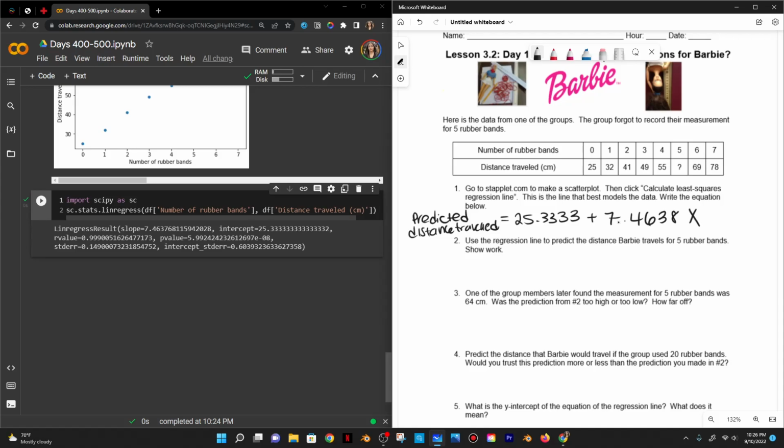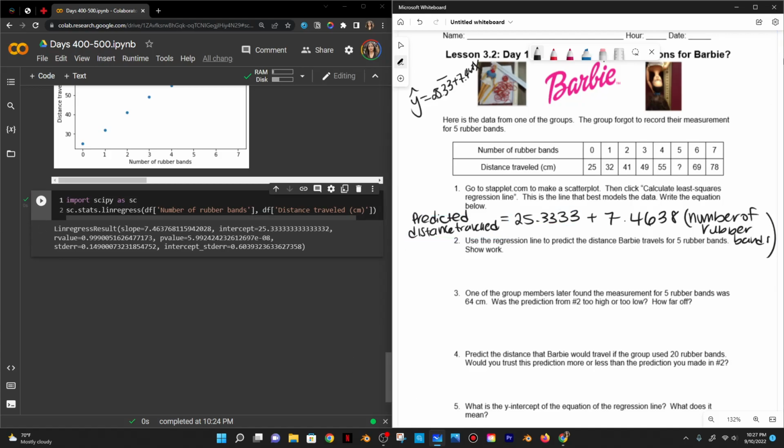In this case, x would end up being the number of rubber bands. So again, in other words, it would be y hat is equal to 25.33 repeating plus 7.4638x, if you could even read that. All right, and that's literally all you need for this.